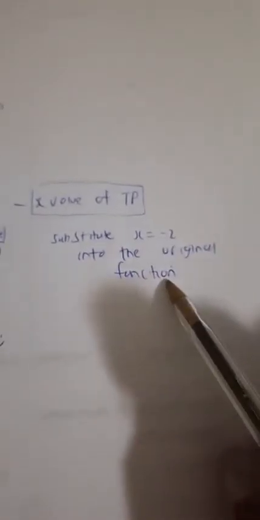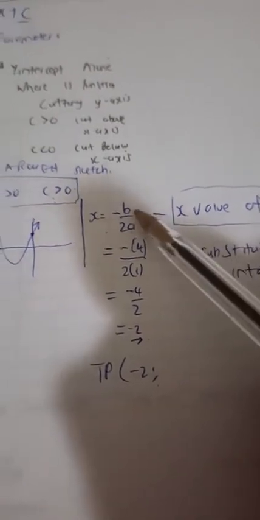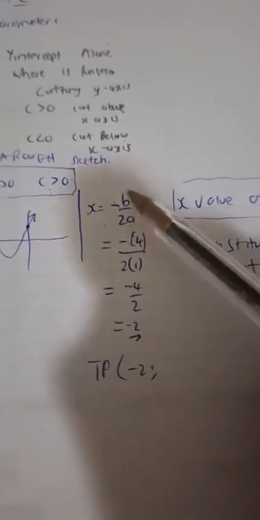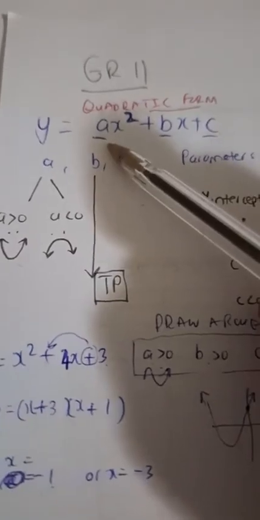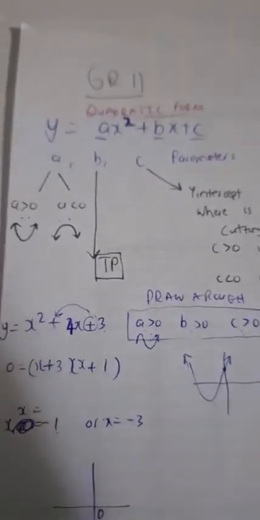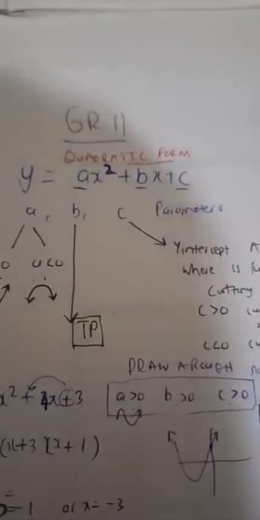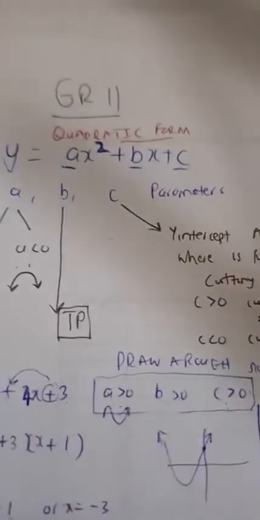Into the original function. So if you see the turning point, the b plays a prominent role in affecting the turning point. Hence, we are saying that b will affect the turning point because the function is expressed in this form, it also speaks to the horizontal movement of the graph, left and right.